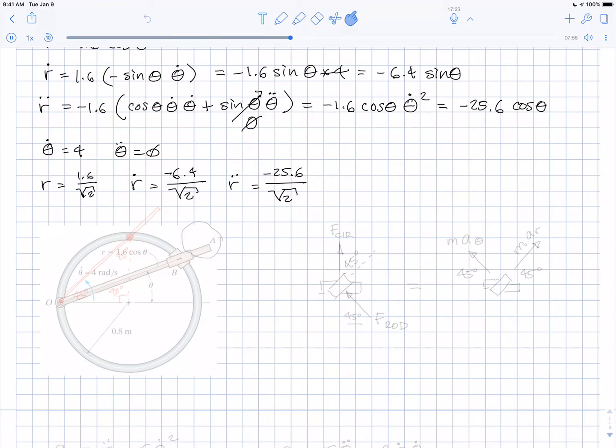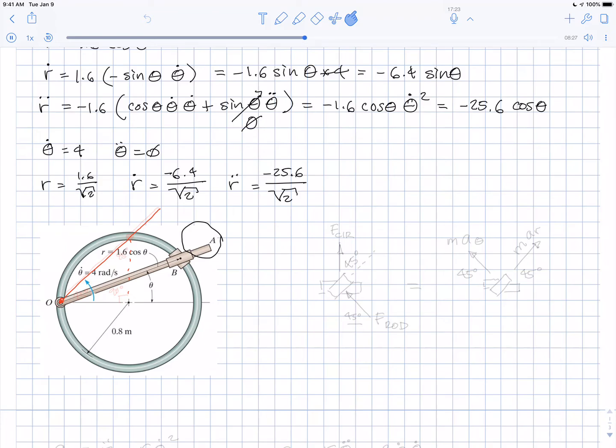Okay, so the author was pretty kind to us. It's not that bad, so let me show you. So here's the picture, and when theta is 45, let me draw that for you. When theta is 45 degrees, if you start here and you come out at 45 degrees, can you see that it's going to be like that?